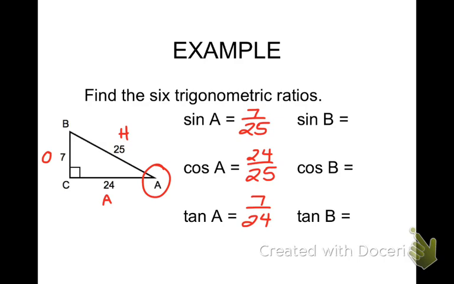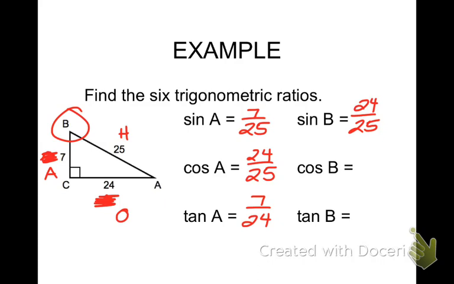Now let's change my reference angle over to B. Does your hypotenuse change? No. Now what becomes the opposite? 24. 24 becomes the opposite, and 7 becomes the adjacent. So sine would be opposite, 24 over hypotenuse.